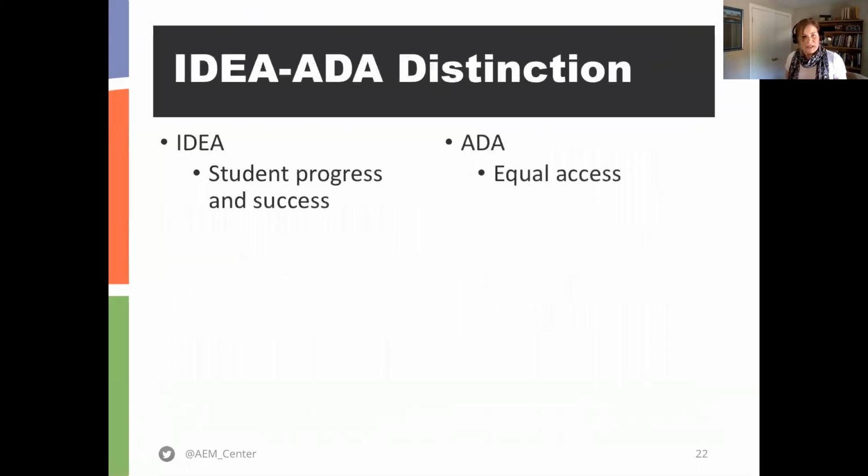The important distinction between these two laws is that in K-12, the focus is on student progress and success, whereas as students enter higher ed and are covered under ADA, it's just equal access. There's no focus on ensuring that students are making progress or succeeding.